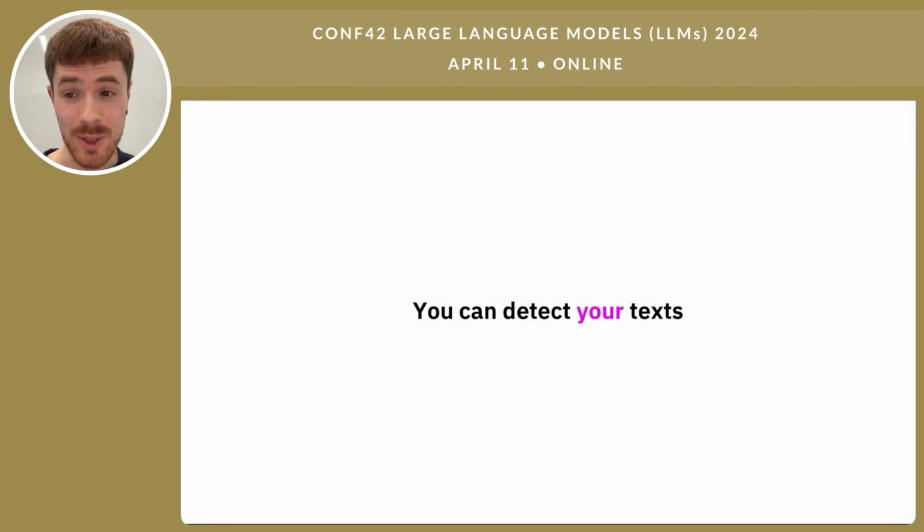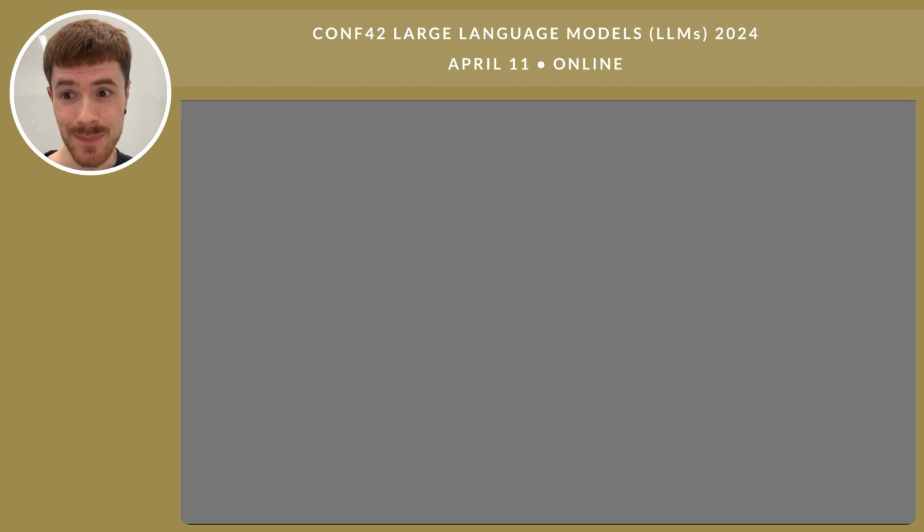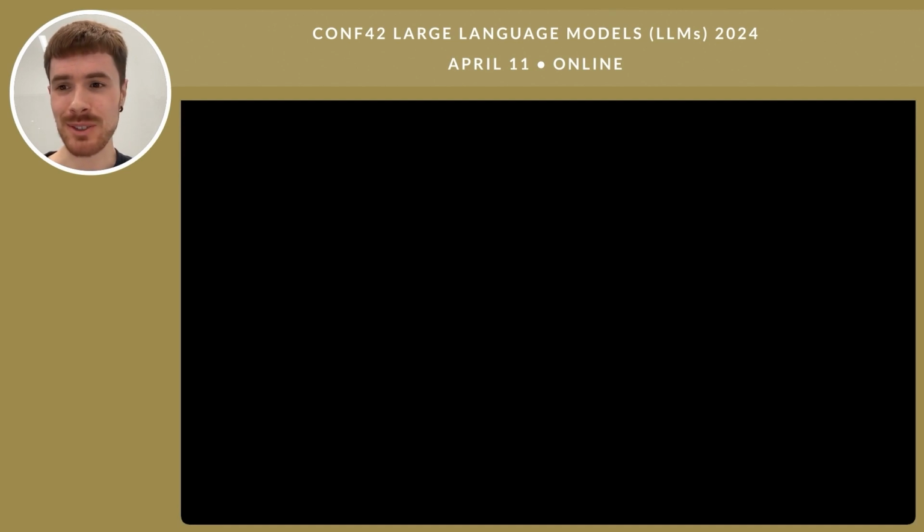Bottom line, you might be able to detect your text, especially if you apply watermarks, etc. But this thing of detecting AI-generated texts is really hard, and it's going to be a problem in the future. So that's where the talk ends, but with a lot of open questions regarding ethics, like what should we do about this, etc. I don't have time to go into that. It's a really interesting topic, just too broad to cover.